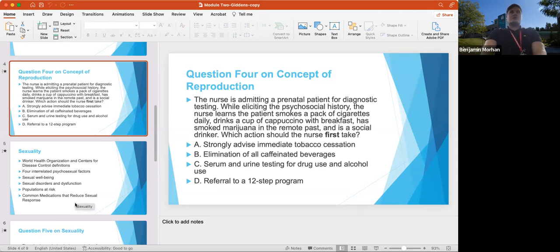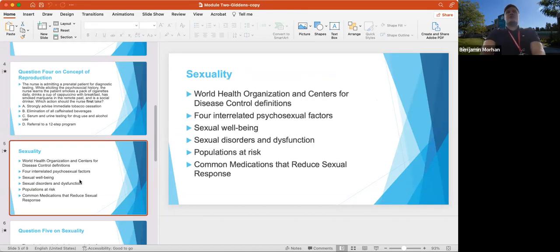All right, and then we have sexuality. So the concept of sexuality, which the World Health Organization defines as the central aspect of human being throughout life, encompasses sex, gender identities and roles, sexual orientation, pleasure, intimacy, and reproduction.